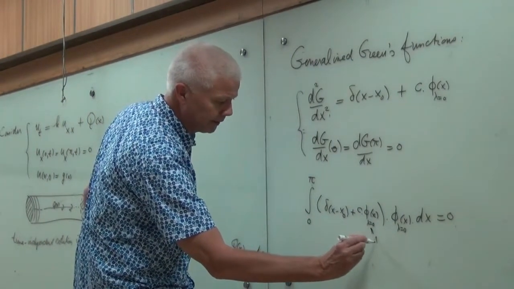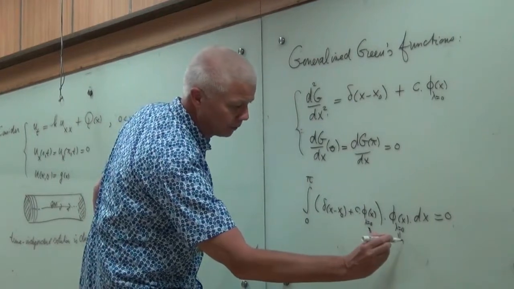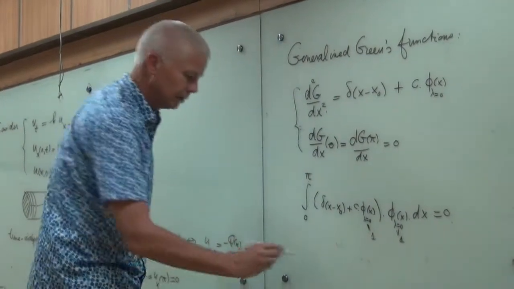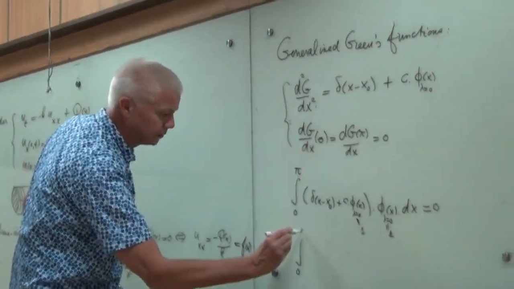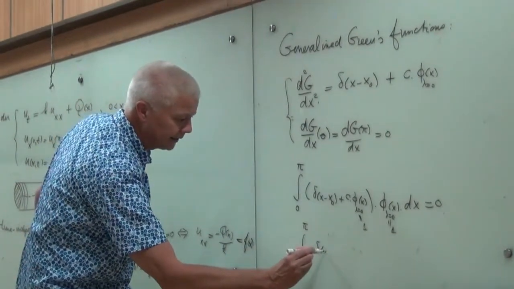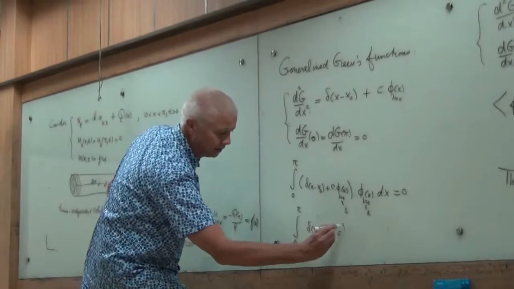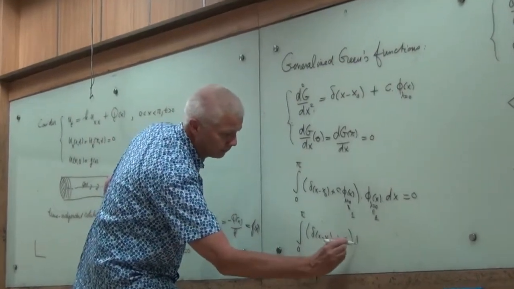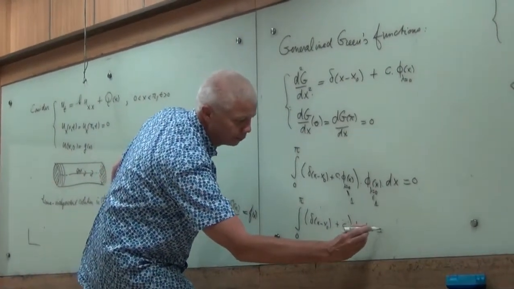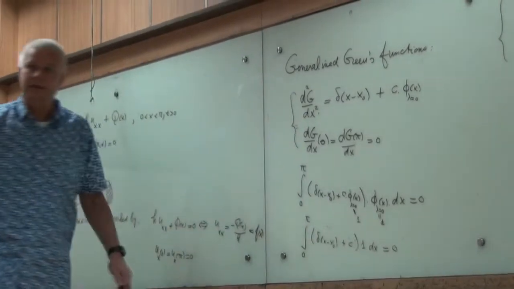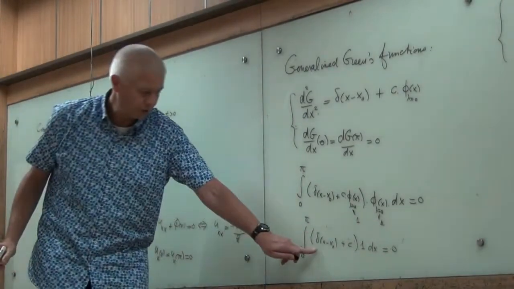Now I know in this case that this function is 1 in the example, and also here it's 1. So I have to compute the integral from 0 to pi of delta(x minus x0) plus c times 1 dx, in such a way that this is equal to 0.